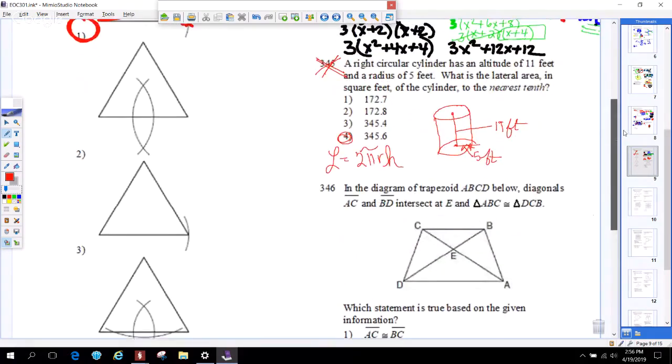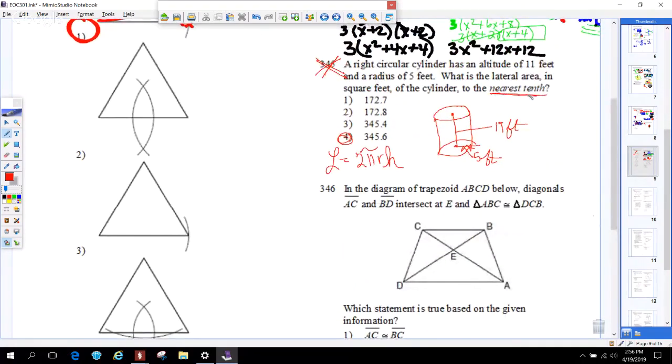And notice, see how this says nearest 10th? They are also testing your rounding. 172.7, 172.8, they're testing your ability to round. Same thing here, 345.4, 345.5. So we can assume that this was probably 344.5 and then a number that was between 5 and 9.